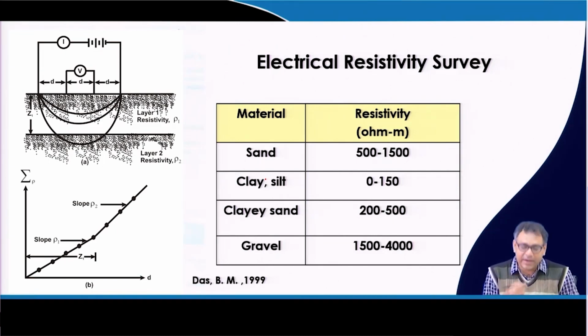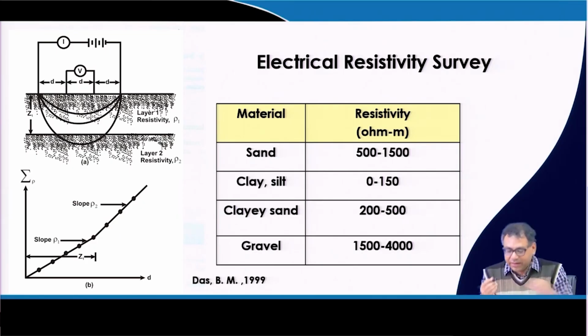In addition to that, I can determine the thickness of each layer also. Suppose for homogeneous soil, in all the cases four electrodes are used. These four electrodes, this is 1, 2, 3, 4, are driven into the soil at the ground surface, and the outer two electrodes are used to send the electrical current, and the inner two electrodes are used to measure the voltage drop.